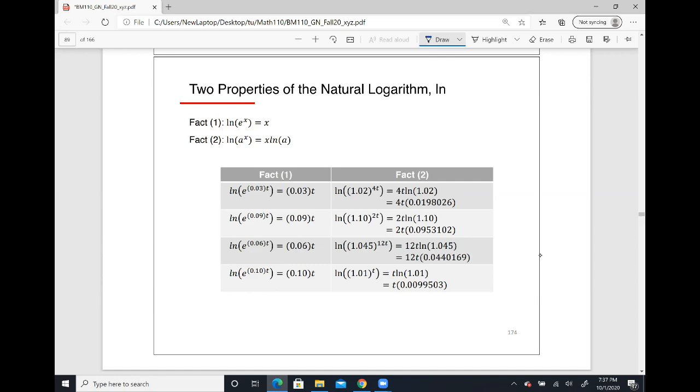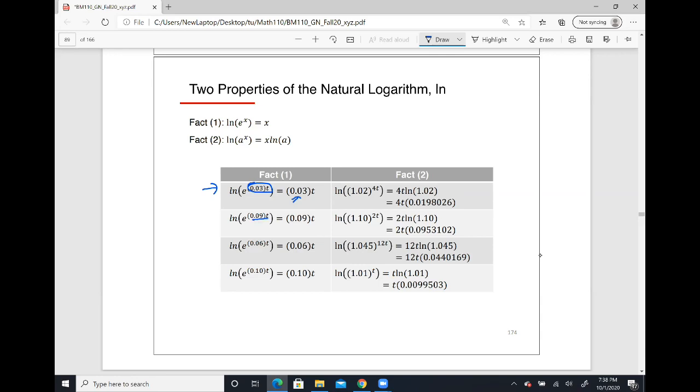And down here, the table is an application that you can use for fact number 1 and fact number 2. For example, in this one, you have ln of e to the power 0.03t. It's just going to be the power, equal to 0.03t, right?